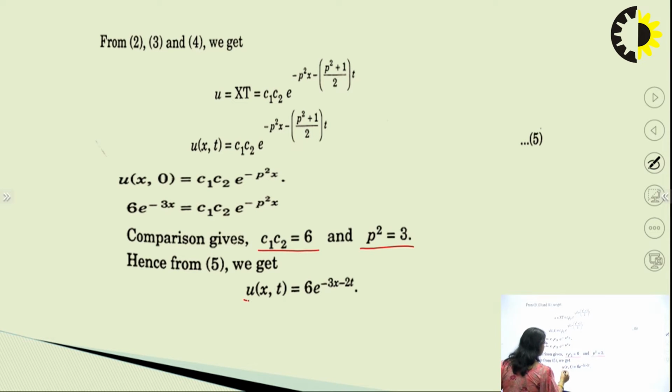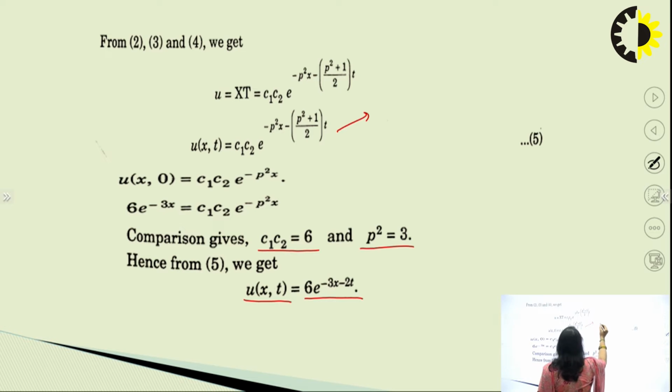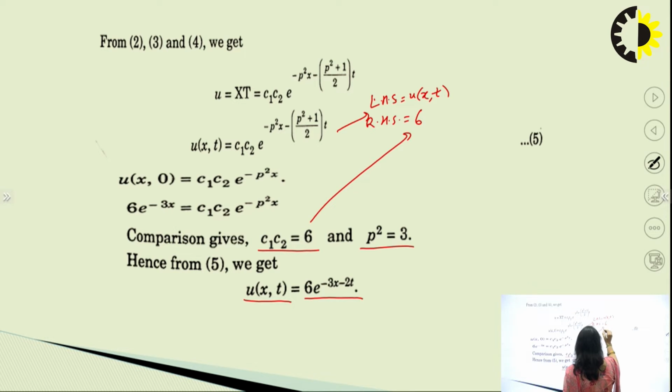So my solution becomes u(x,t) equal to 6 e to the power minus 3x minus 2t, because if I consider equation 5, the left hand side was u(x,t), and the right hand side was C1 C2, which was 6 from here, and e to the power minus p square, which was 3.